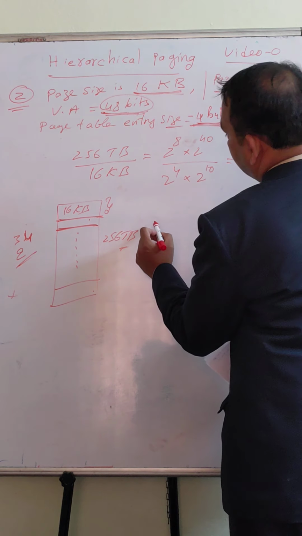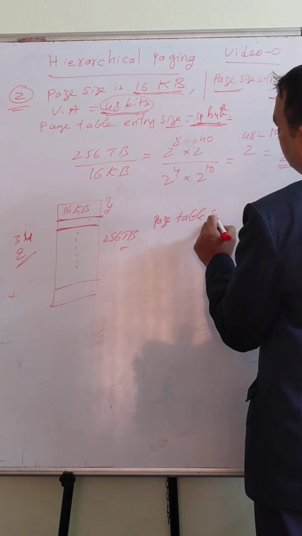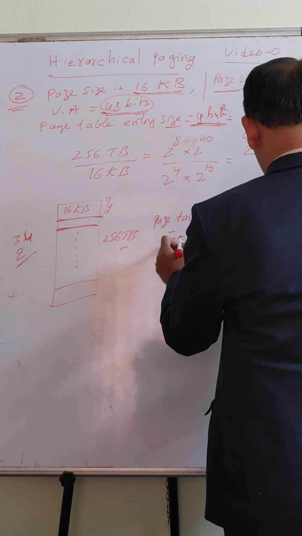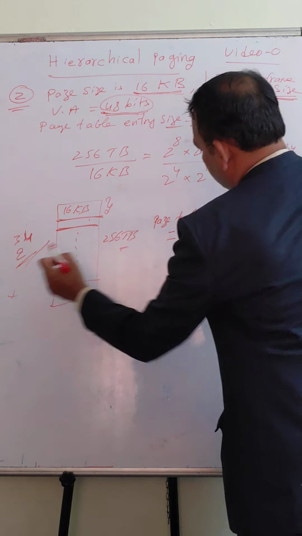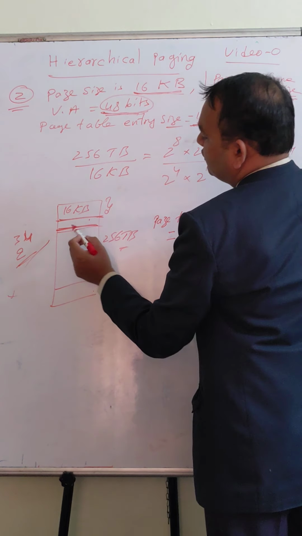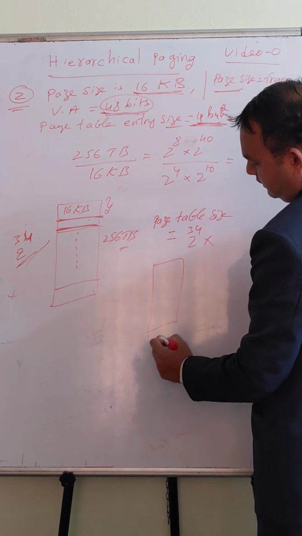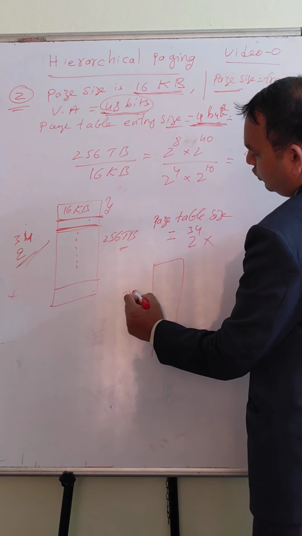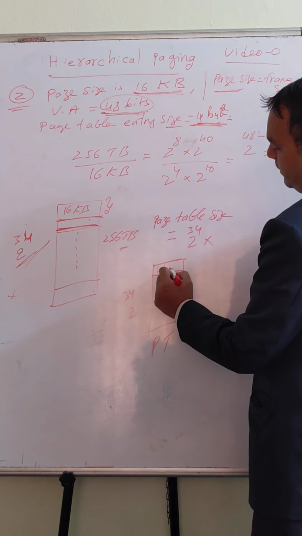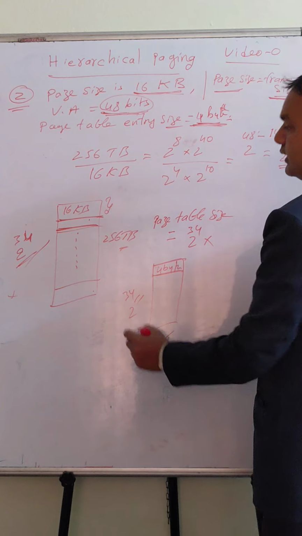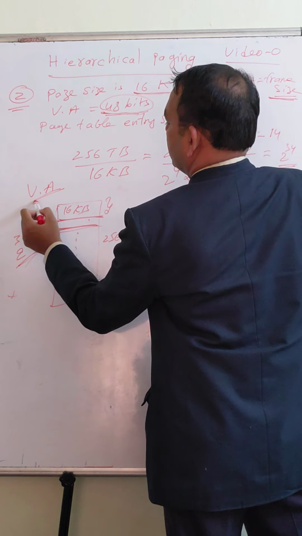Page table size is equal to 2 power 34 pages, each entry 4 bytes.